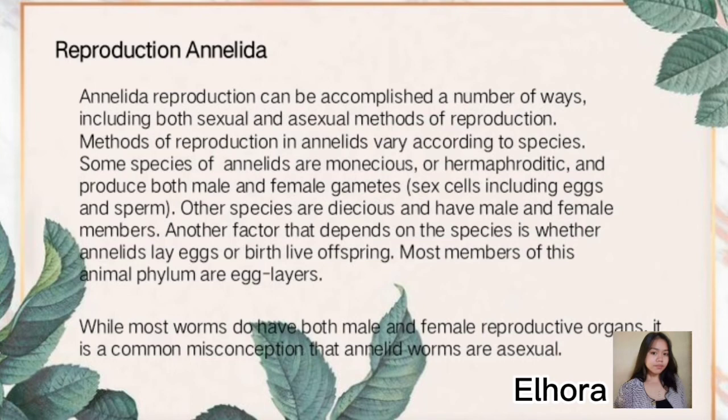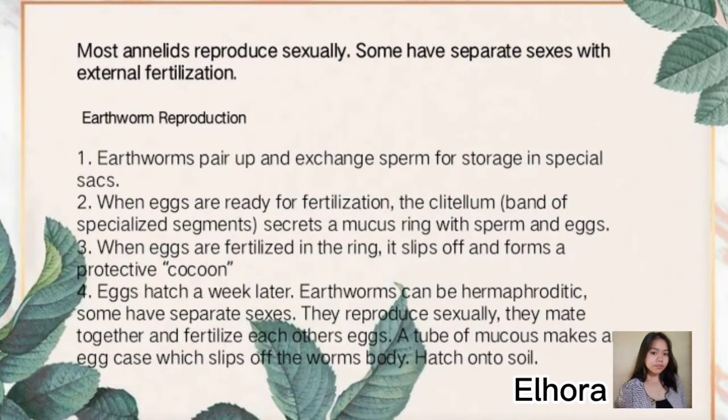Another factor that depends on the species is whether annelids lay eggs or give birth to live offspring. Most members of this animal phylum are egg layers. While most worms do have both male and female reproductive organs, it is a common misconception that annelid worms are asexual. Most annelids reproduce sexually, and some have separate sexes with external fertilization.